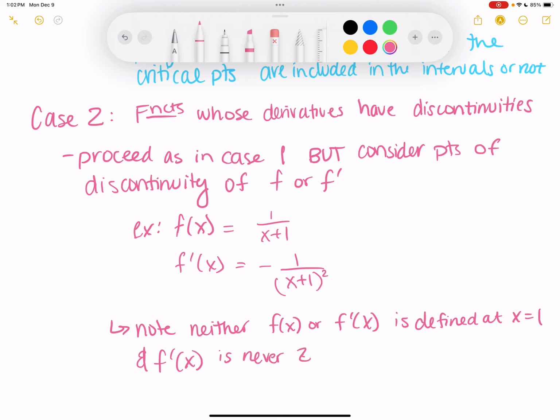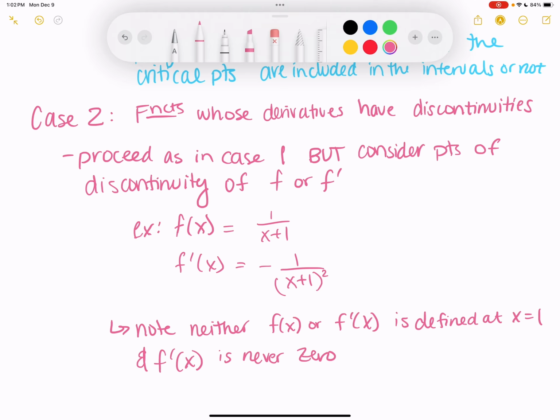So, is that just given information, or did they solve for that? Well, it's not given, but you should be able to tell that. I would have thought f of x would be undefined at x equals negative 1.